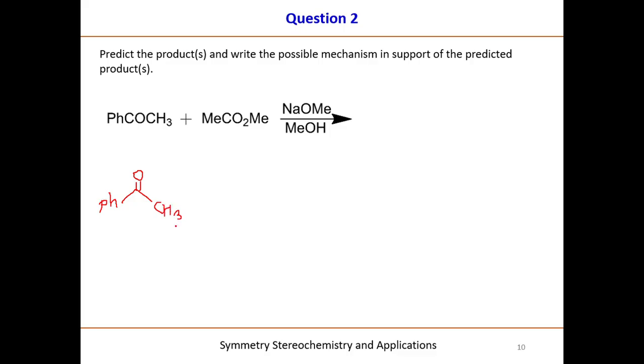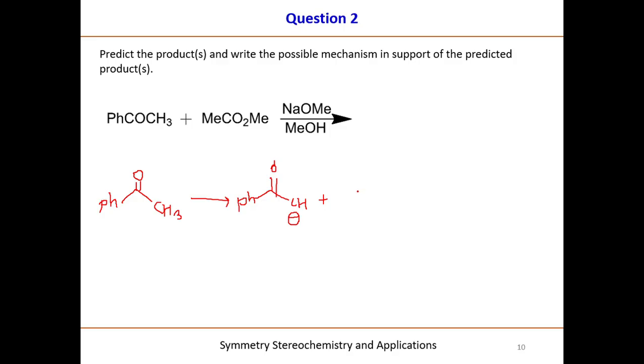So this proton will be abstracted by base here and it will become phenyl, carbonyl, sorry, CH2 minus. So after abstraction of this proton, this negatively charged carbon atom will attack on the ester carbonyl carbon atom.